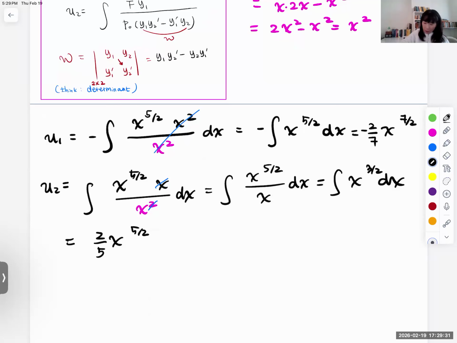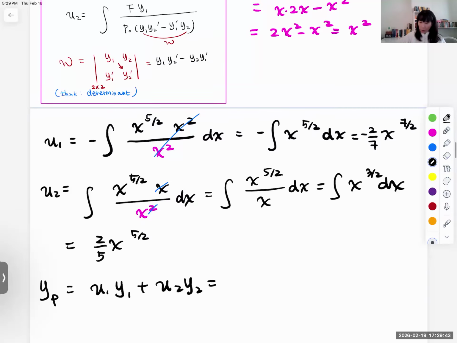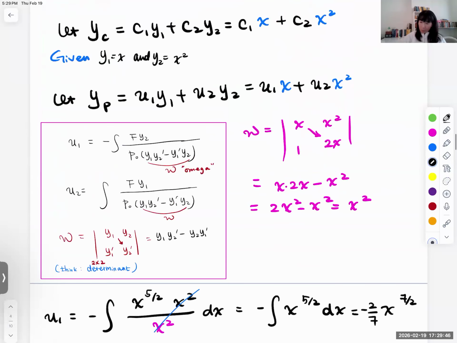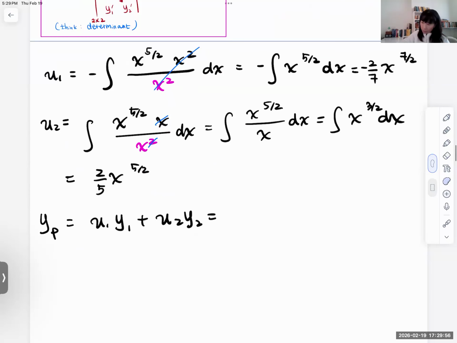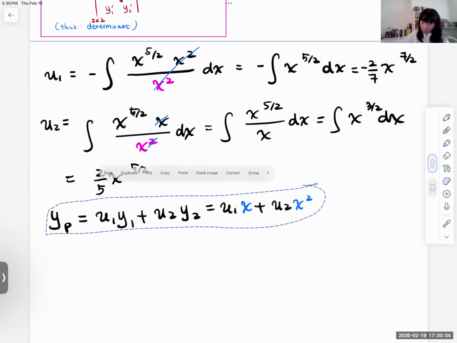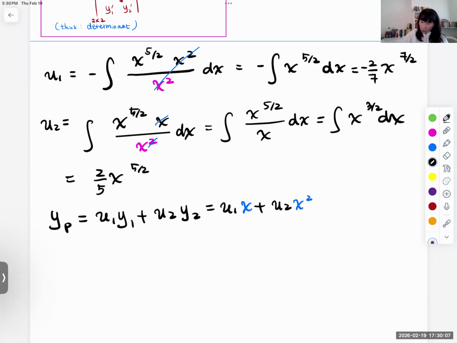Now, the particular solution will be u sub 1 y sub 1 plus u sub 2 y sub 2. And then we had y sub 1, y sub 2 already, right? So I wrote it down earlier. Maybe we can use this one. Copy, paste. Yeah. Okay, so what is u sub 1?